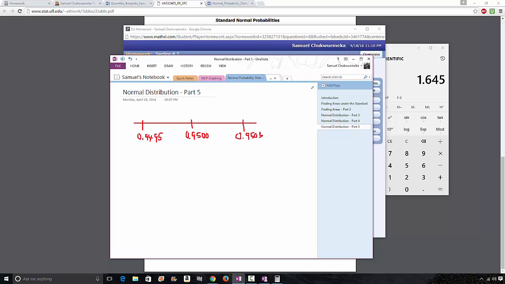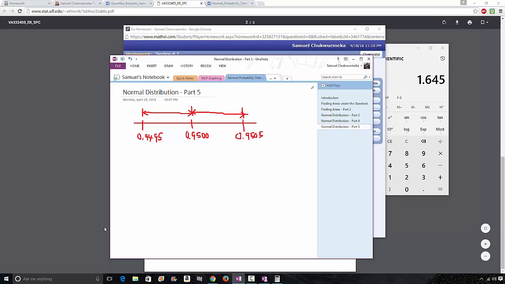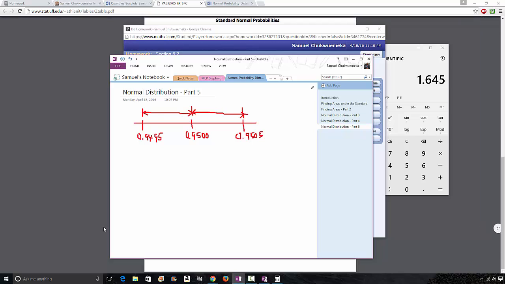Let's find the distance between this and this, and also the distance between this and this. Actually, we are finding the square of the distances, so we get a positive value. Then whichever is closest, we take that as our z-score.